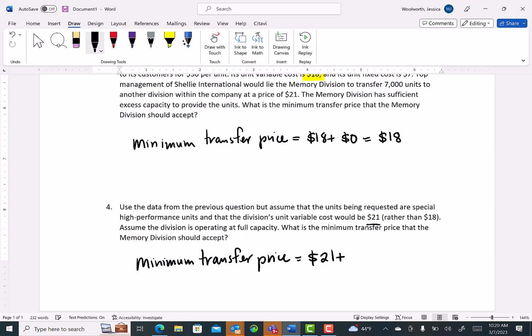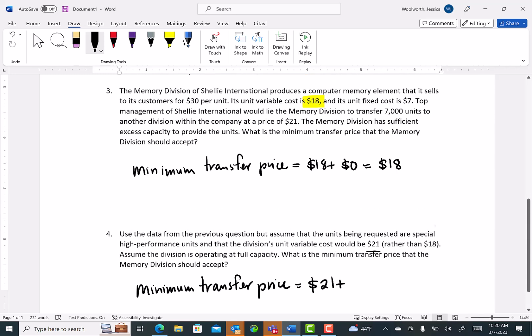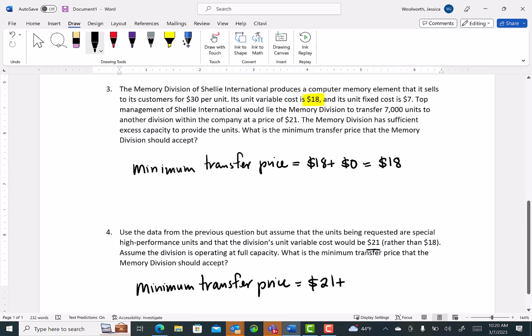So what is our opportunity cost? We're going to have to go back up to our original information. We can sell a memory element for $30, and the variable cost to make that is $18. Well, in order to make this special order for our company, we can't sell that $30 unit outside. We have to make fewer units to fulfill this.